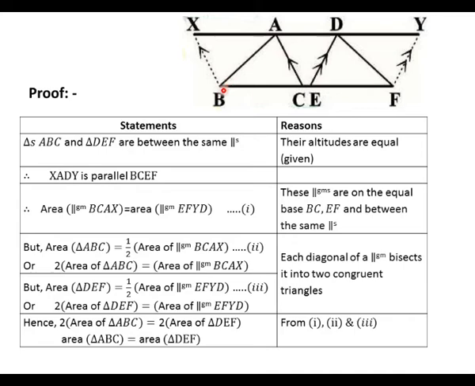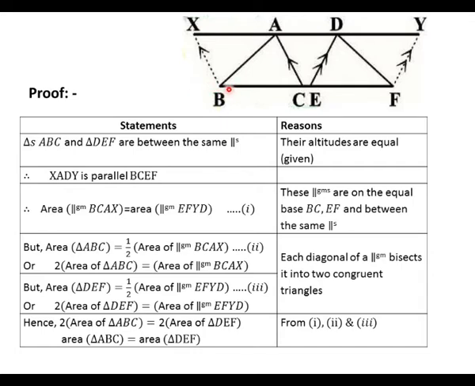And area of parallelogram BCAX and area of parallelogram EFYD both are equal. Why? We are using the statement of theorem 16.1.2, which was saying two parallelograms on equal bases and between the same altitudes are equal in area.